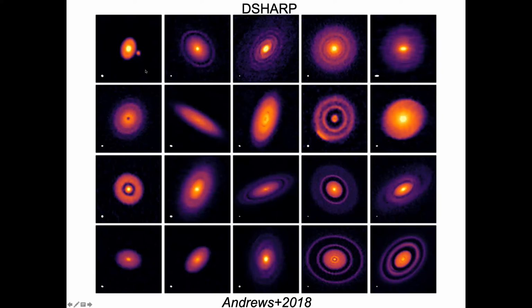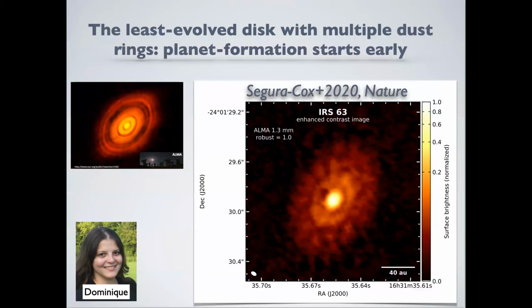You have the zoo here of disks, and this is of course the disk substructure at high angular resolution project that was PI'd by Sean Andrews, and there are many papers on this survey now in the Astrophysical Journal.